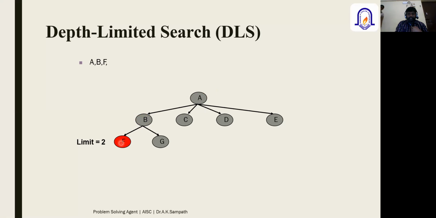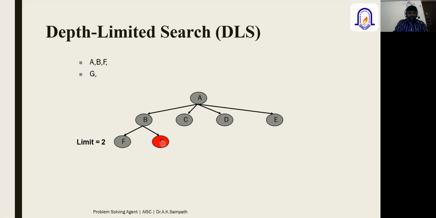Else it travels back to B, and then it will traverse to the right child of B, which is G. Now this is going to be visited and compared whether that is the goal node or not. If it is not a goal node, again it travels back to B.